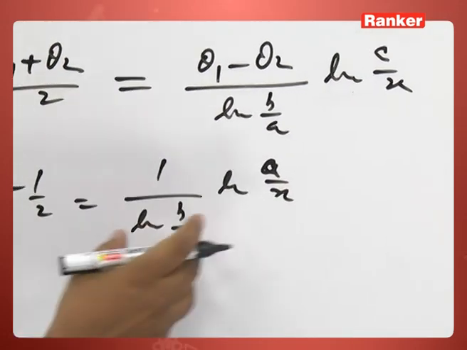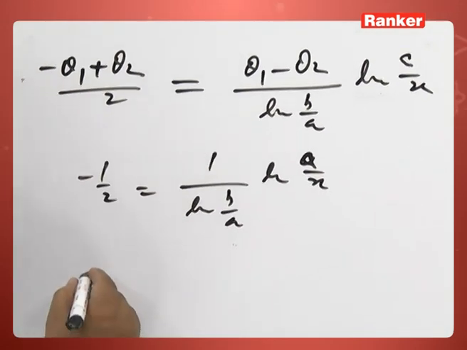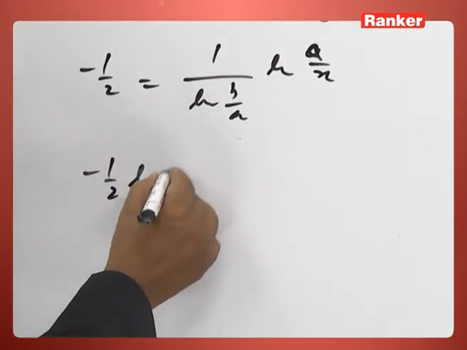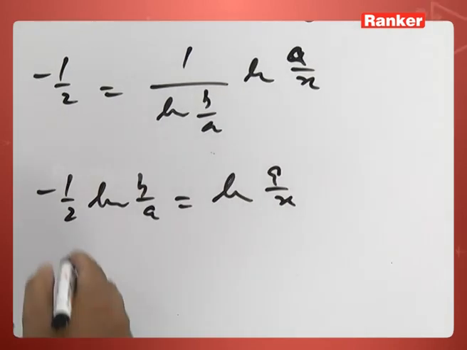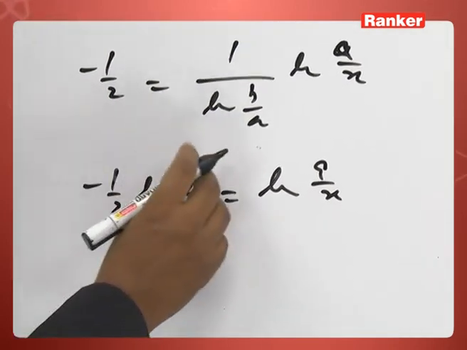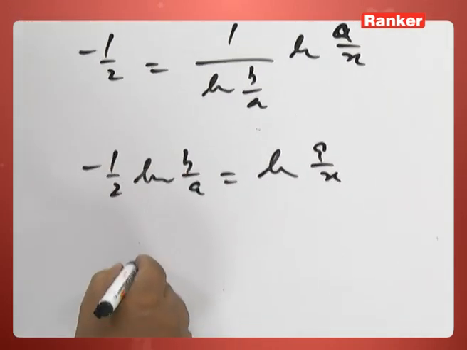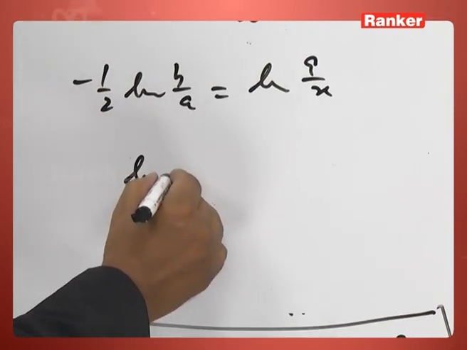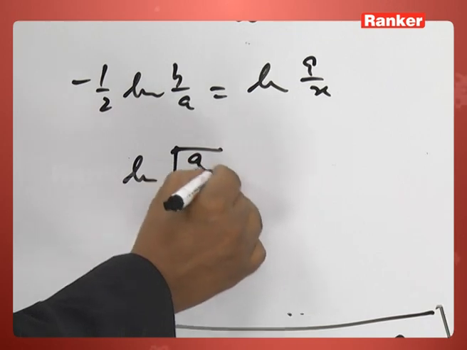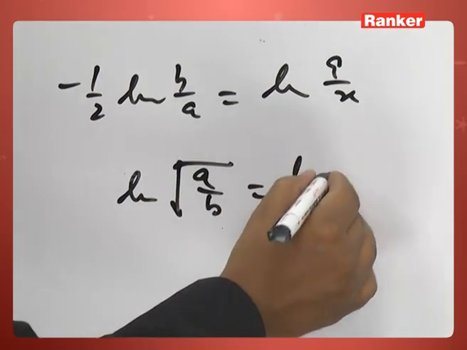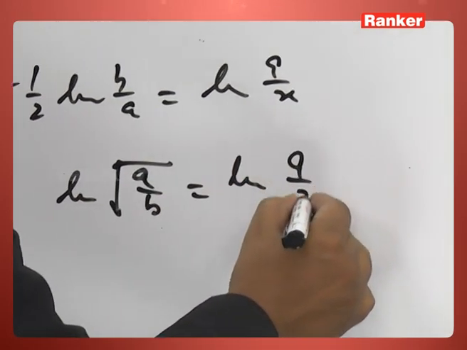So, again if I multiply this here, it will be minus half ln B by A is equal to ln A by x. So, we can bring this minus here, so it will be A by B. So, ln this half means root over and minus means it will become A by B is equal to ln A by x.